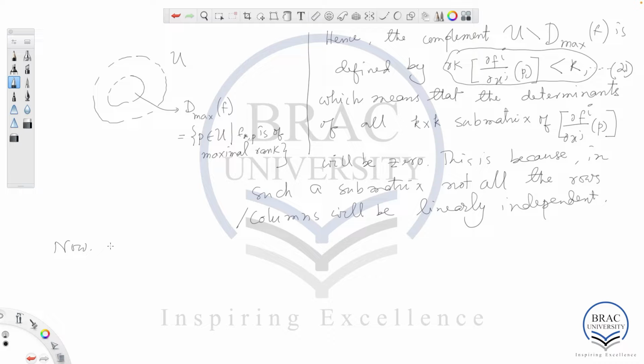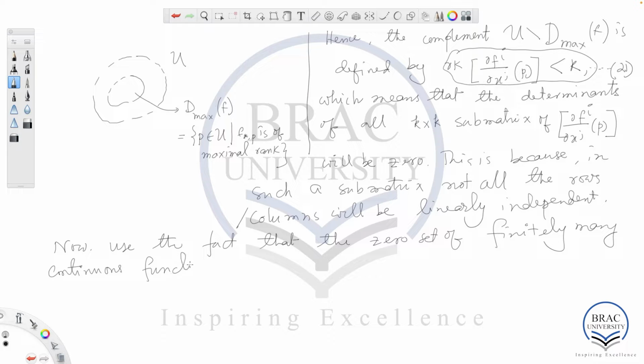Now, use the fact that the zero set of finitely many continuous functions is closed.